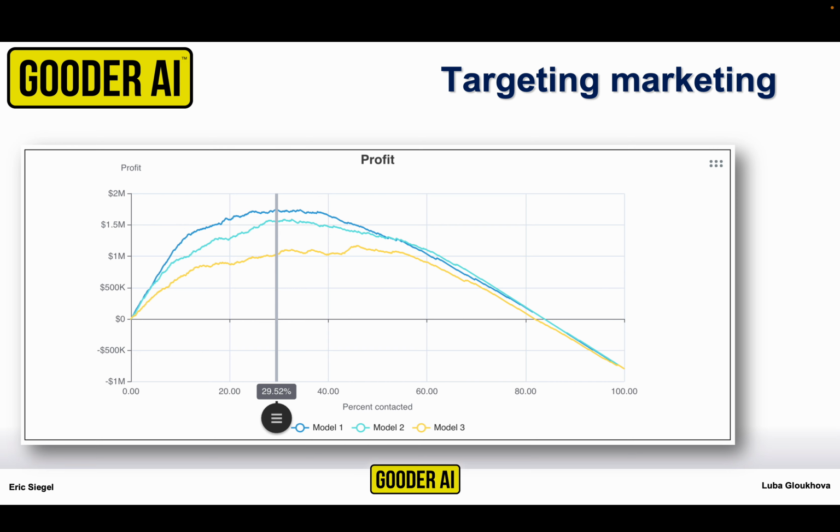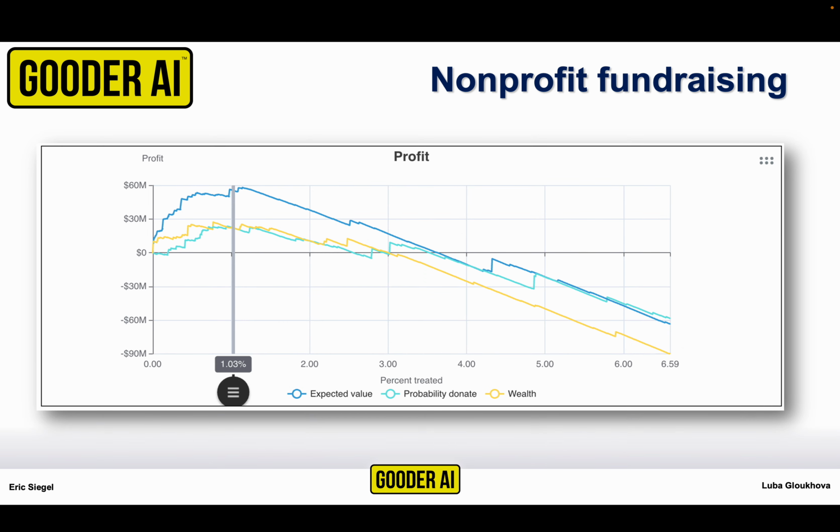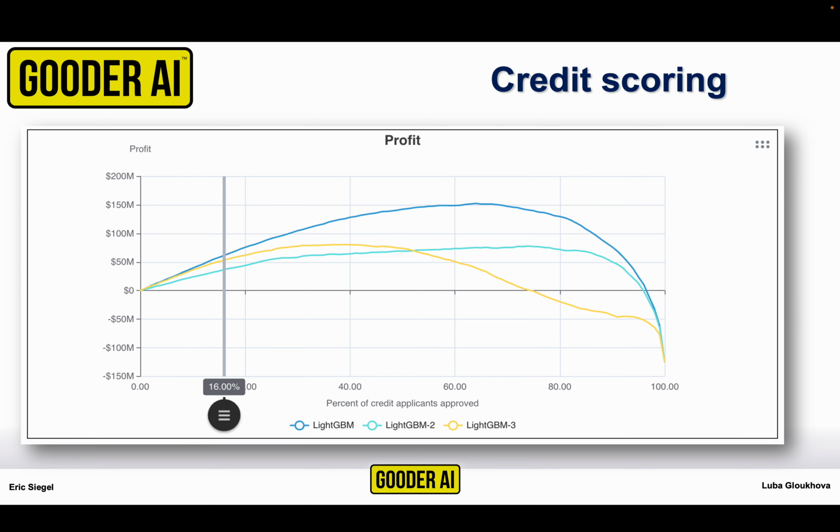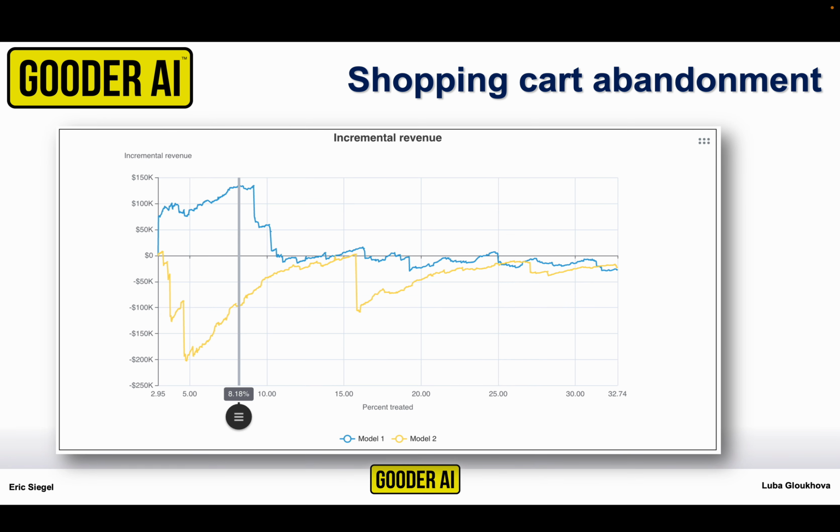Whether you're deciding where to draw the decision boundary to maximize profit for targeting marketing, for soliciting donations, for nonprofit fundraising, for deciding where to draw the line, how many transactions to block as potentially fraudulent for fraud detection, how many applicants for credit to approve, how many shopping carts for e-commerce to offer a spontaneous discount to.